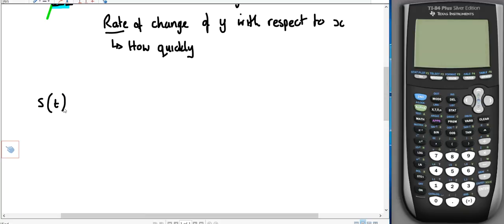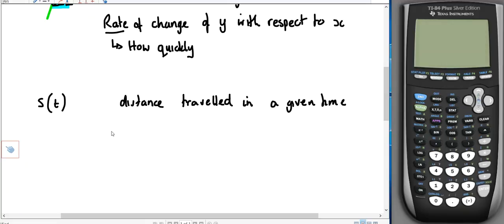This models, and modelling is where you fit a function to some data. It says in your book, it models the distance travelled in a given time.